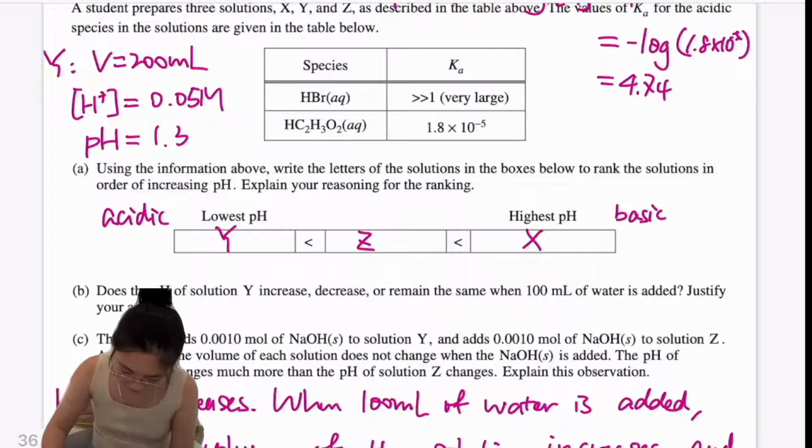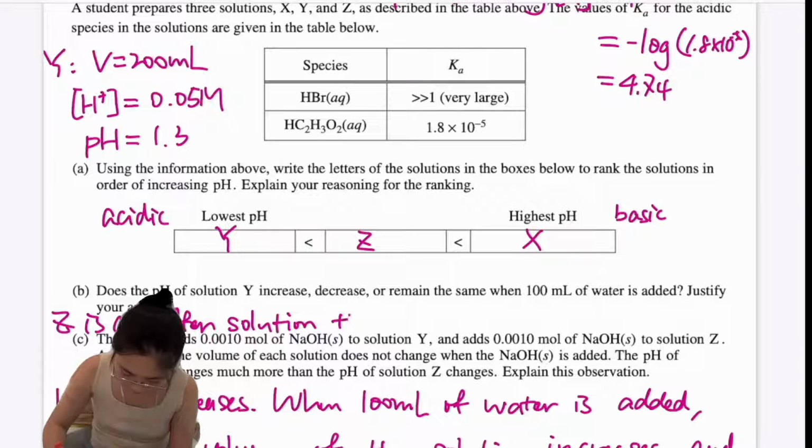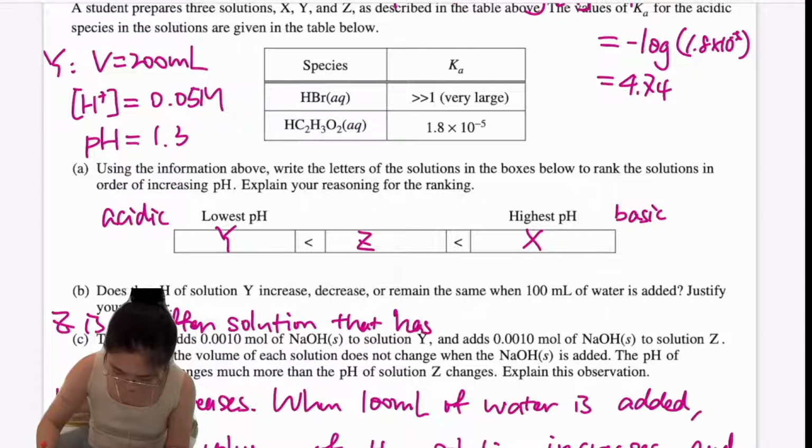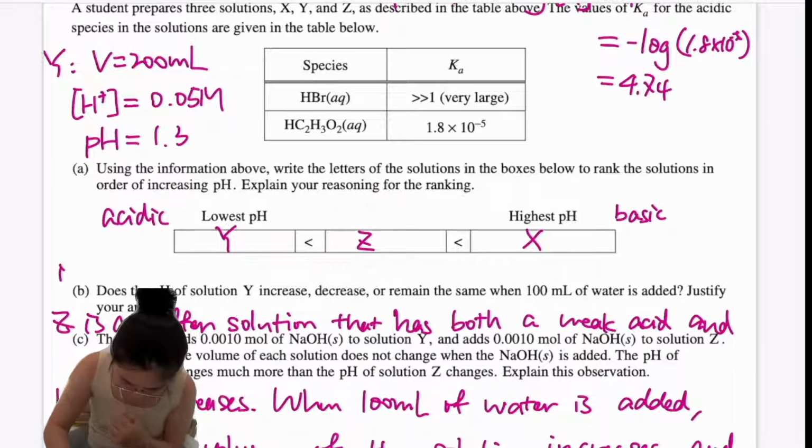So for C, explain this observation. You just need to mention that solution Z is a buffer solution that has both a weak acid and its conjugate base.